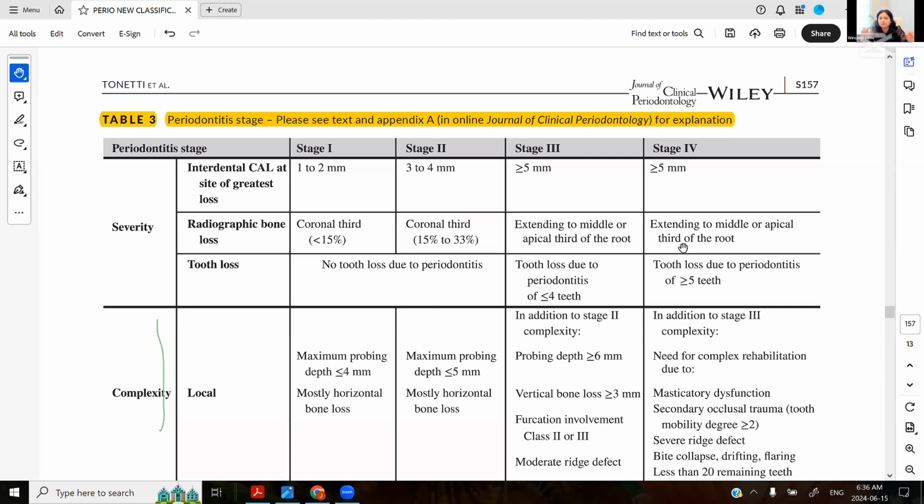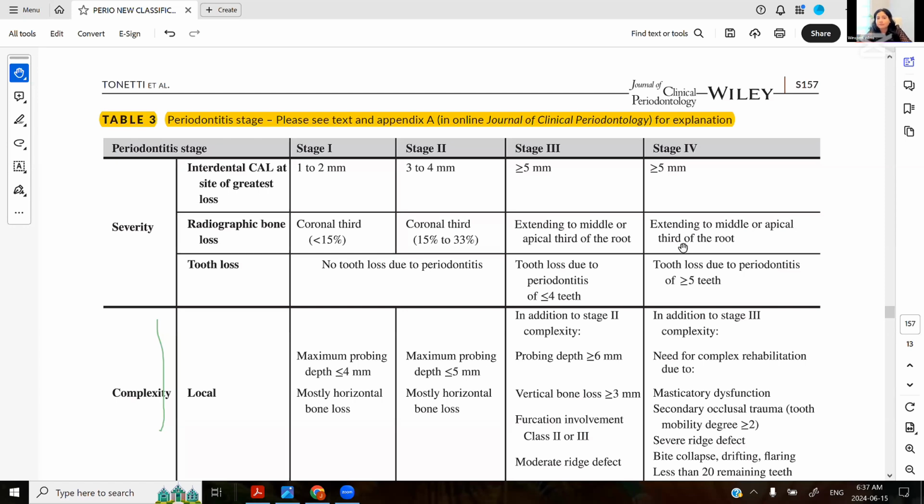But if I see tooth loss is less than 4, no drifting, but middle, and all teeth are straightly aligned, stage 3. Does that make sense? So I can just look at an OPG without a lot of information given to me. I can still tell, right?